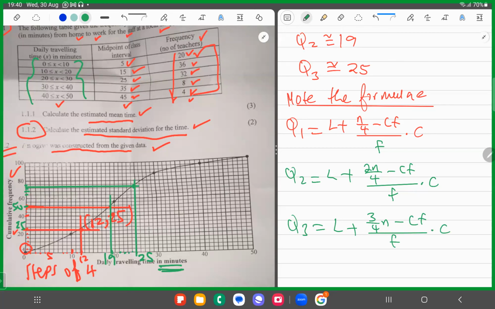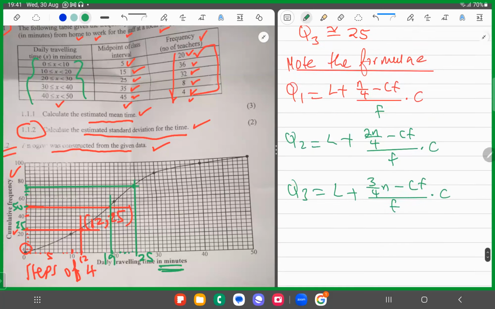Now, the L stands for the lower boundary point. You first find the position.